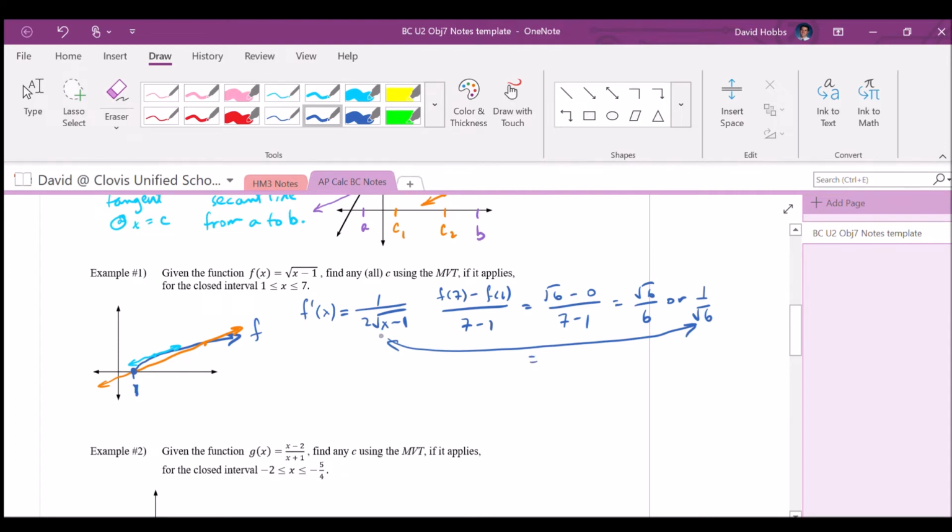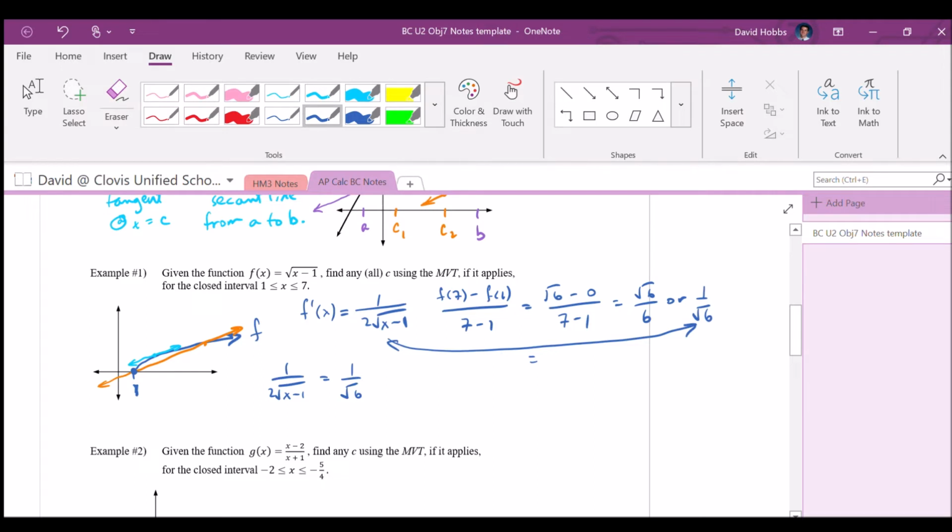You can plug in a c for the x and then solve for c, but you don't have to. You can just set these two things equal and solve for x, and that will be the c value. So 1 over 2 root x minus 1 is equal to 1 over root 6.